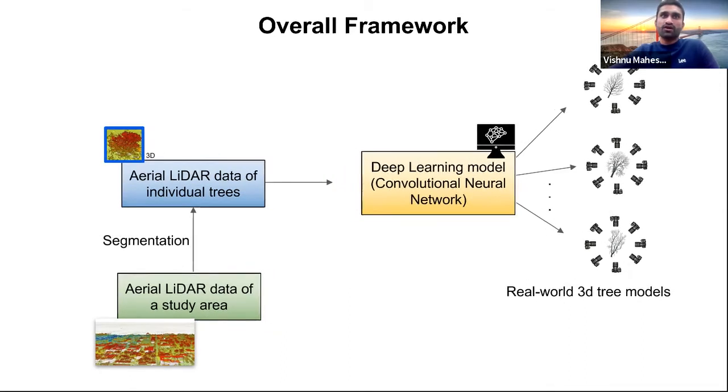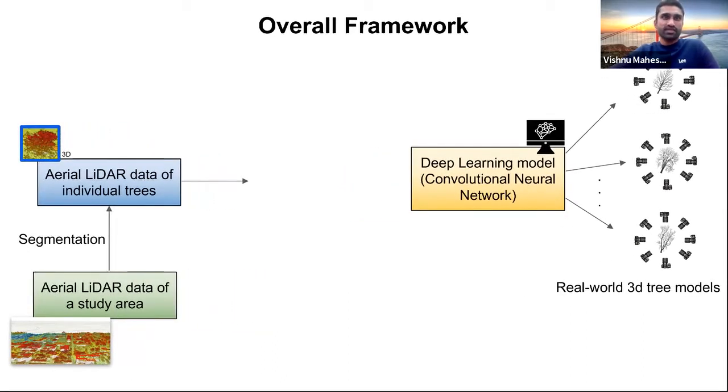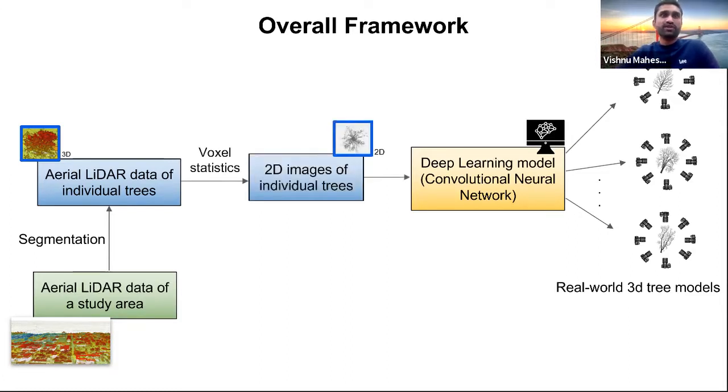Those familiar with convolutional neural networks know that we cannot directly use a 3D model as an input to a CNN. So we have to convert it into a 2D image before we can use it in a CNN. For this, we will apply a few voxel statistics over the 3D data, selected so that the 3D characteristics of the data are preserved as much as possible in the 2D data.